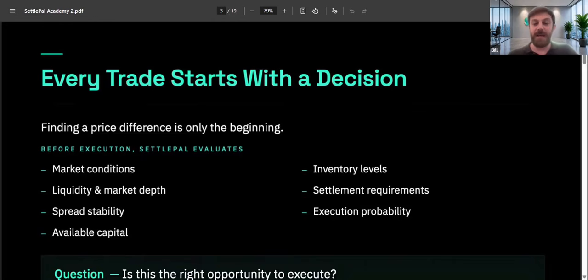What if the order book is thin? What if the probability of completing that trade successfully is falling? Well, suddenly that 1% opportunity may not look as attractive as it did at first glance. That is really why SettlePal doesn't simply ask where is the biggest spread. The platform actually asks, is this the right opportunity for the wider trading ecosystem?